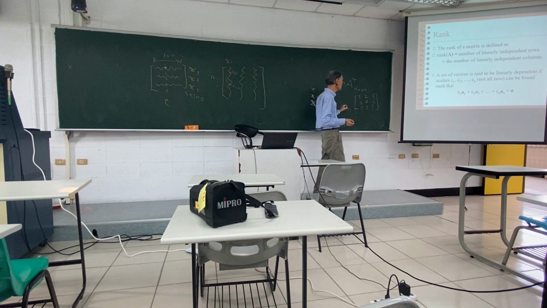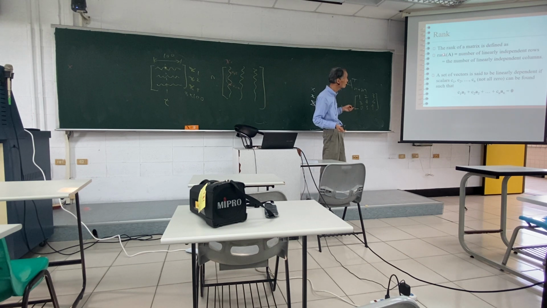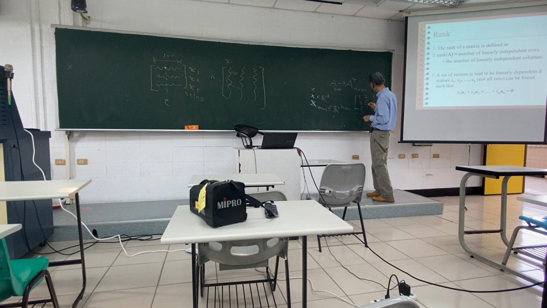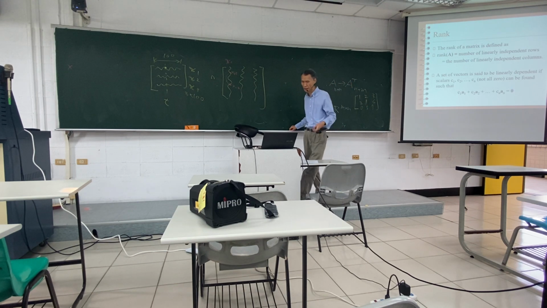Which means some of the rows can be represented by another row or some other rows or other columns, and that will determine the rank. So if they are all different, for example in this case, the rank will be 3, because you cannot find any dependency between rows or between columns. That's the rank.